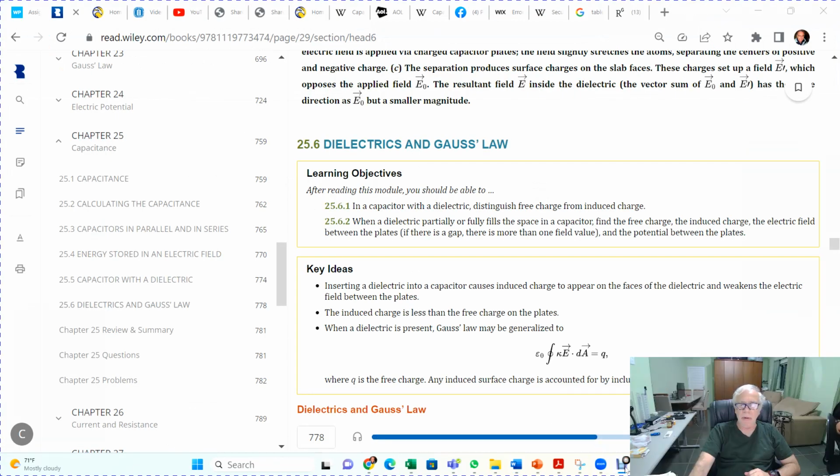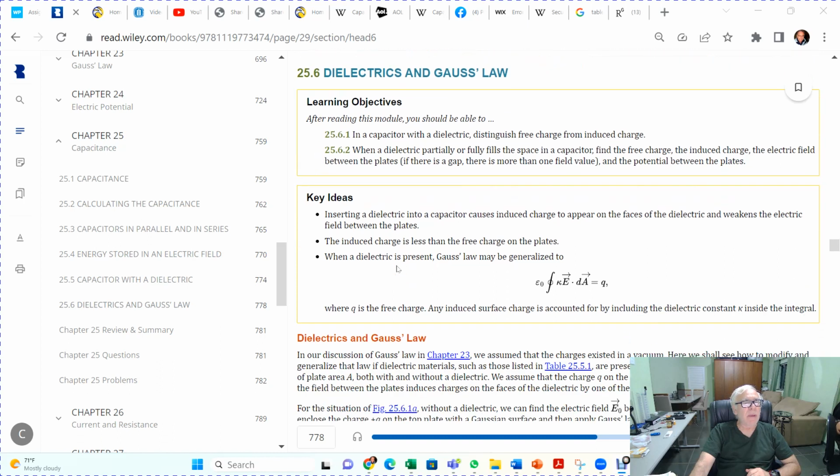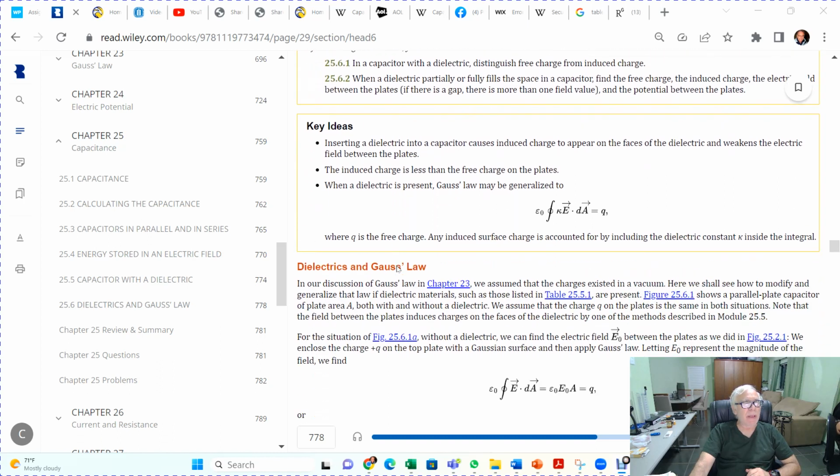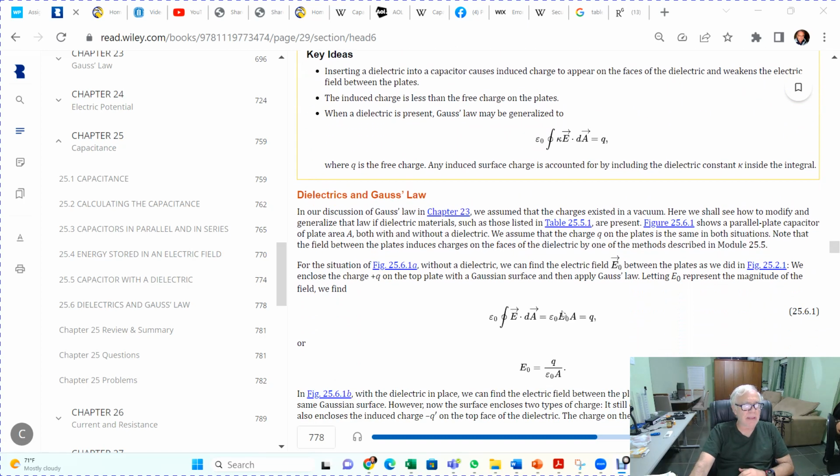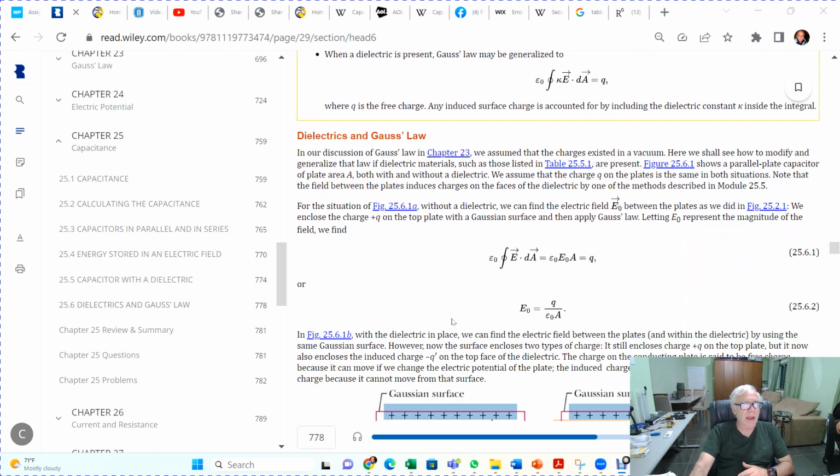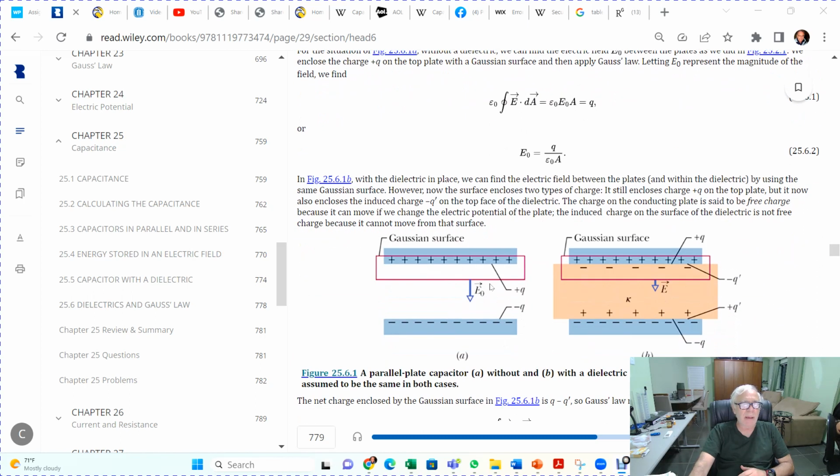The last chapter here in the book is about dielectrics and Gauss's law. Gauss's law is changed slightly because of the fact that we have a dielectric there in between the plates. I'm not going to ask that in the exam, but it's a good thing that you know, so you can understand how you derive problems, right? What's going to happen here?